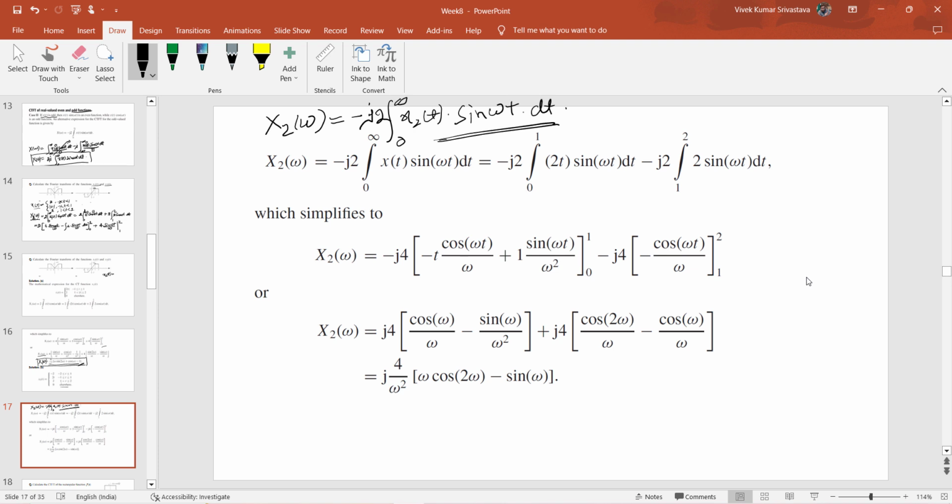We will use this expression so as to find the Fourier transform X2(omega). Once you evaluate this integral, you will get X2(omega) equal to j4 by omega square into this function. I'm leaving this exercise, basically the integral part, so you can solve it later. Once you evaluate, you will get this expression.